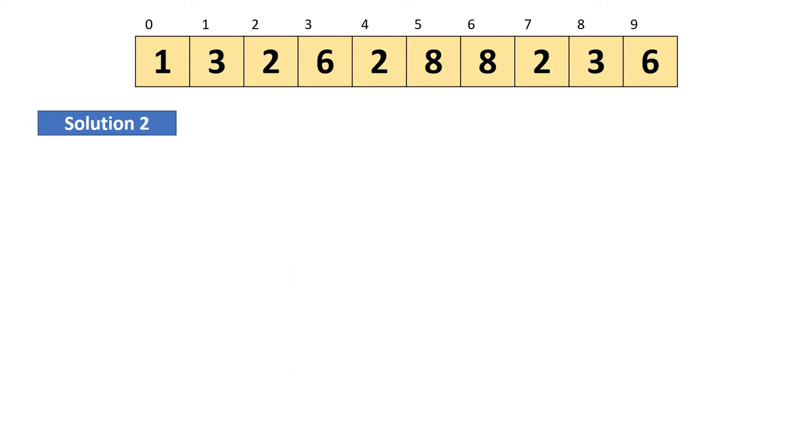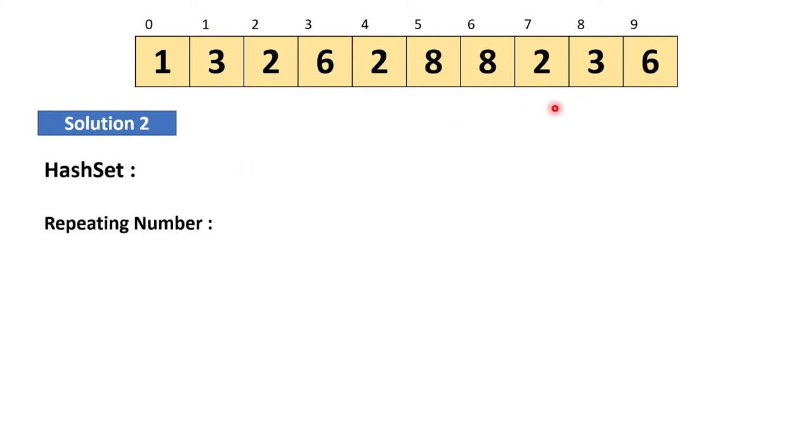Next is solution 2, where we take the help of a hash set and another variable called the repeating element. So we will take a hash set here and a repeating number as an integer. Here we have to iterate from behind, and whatever value we get, we put it in the hash set.